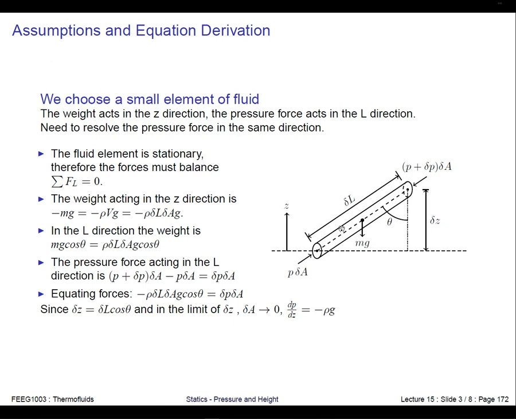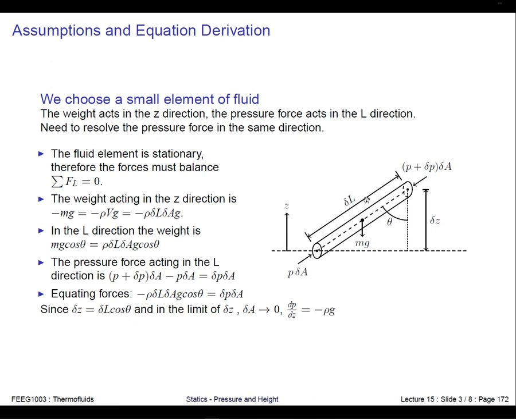For the cylindrical section, all of these forces are acting normally to the L direction, normal to the axis of the cylinder. Therefore the forces on the curved sections don't contribute to this force balance, so we need to take the force balance based on the ends.